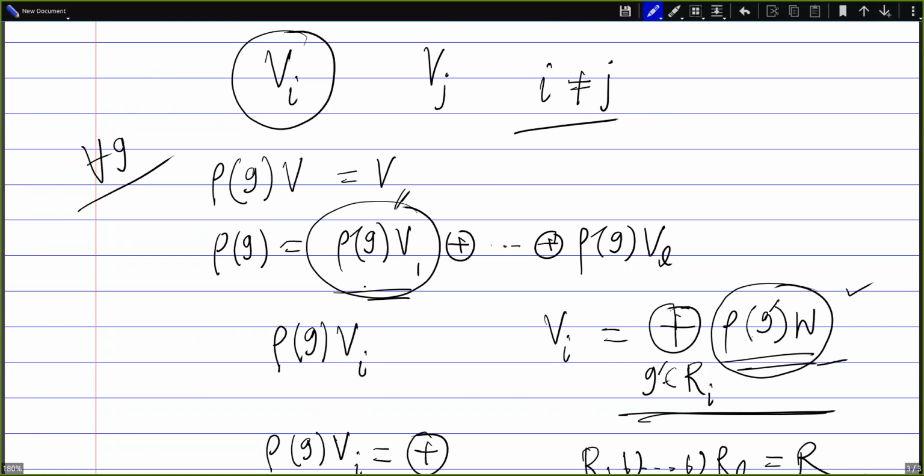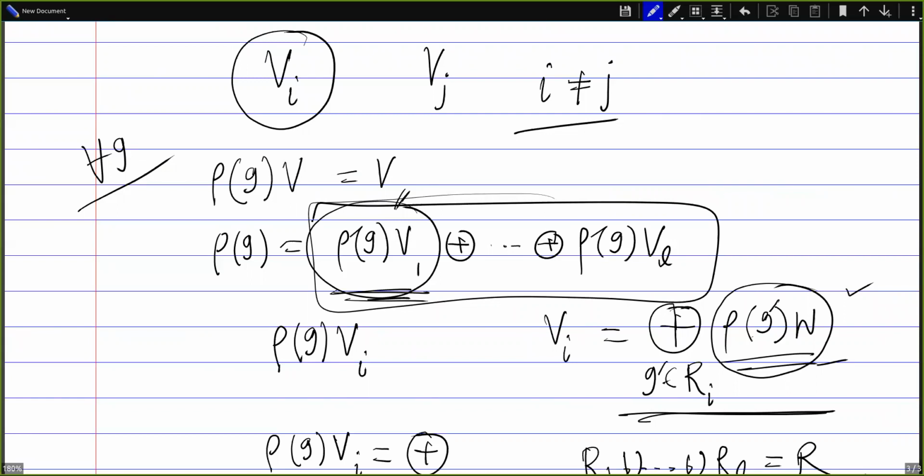So what does that show? Try to understand: each of these summands is a direct sum of isomorphic subrepresentations, and there is nothing in common. Doesn't that mean that this is also nothing but the same canonical decomposition, possibly ordered in a different way, because rho g V is of course V?